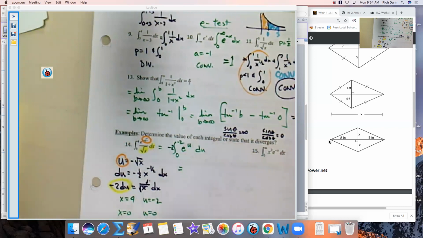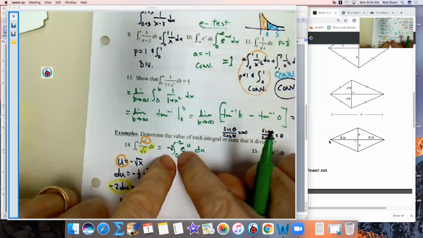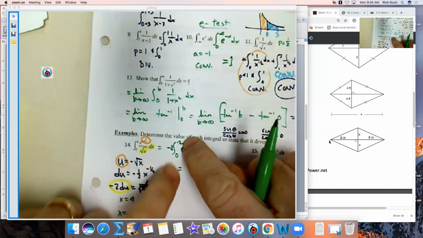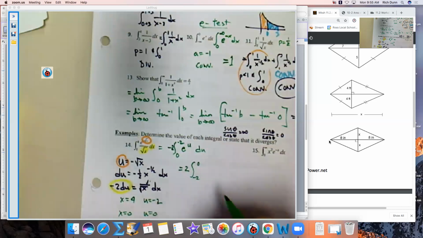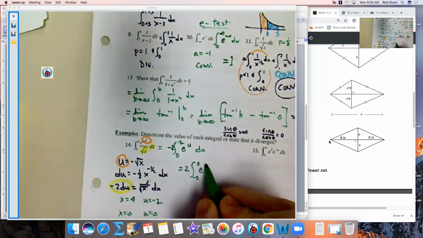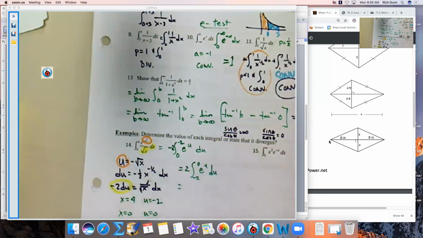Next, when I look at this, I see that I'm going from 0 to a negative number, which means I need to rewrite this as a positive 2 and switch these from negative 2 to 0, e to the u du. And this one is not improper, so I don't have to worry about any of those problems we had with proper or improper.